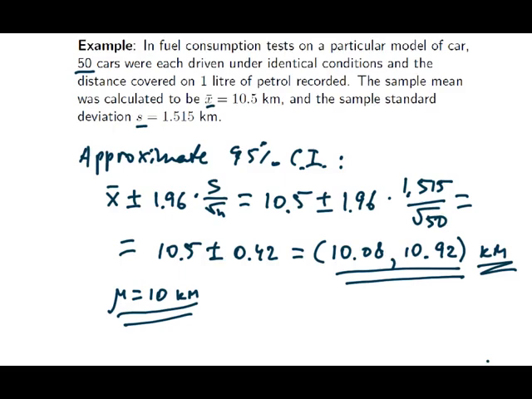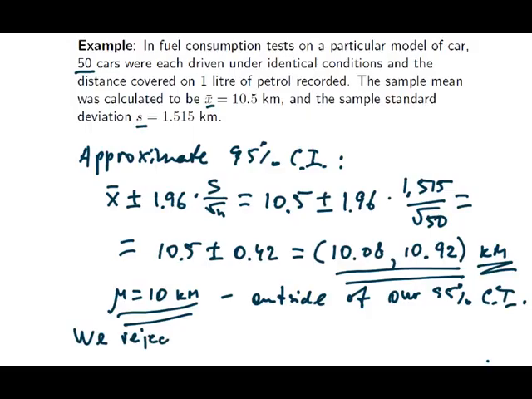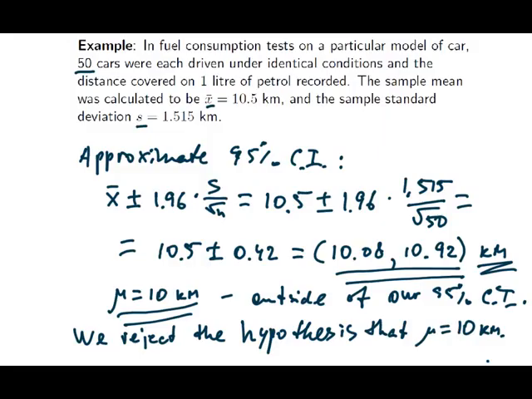So we can't say we support it because 10 kilometers is outside of our 95% confidence interval, and this means that we reject the hypothesis that mu equals 10 kilometers because it's outside of our confidence interval.